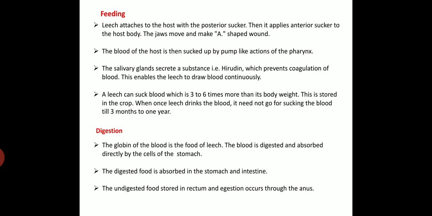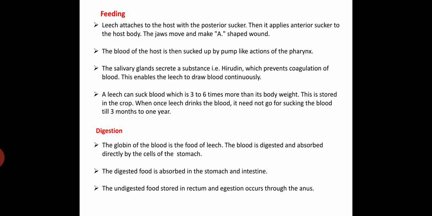Next, that is feeding. The leech attaches to the host with the posterior sucker. Then it applies the anterior sucker to the host. The jaws move and make a Y-shaped wound. The blood of the host is then sucked up by the pump-like action of the pharynx.